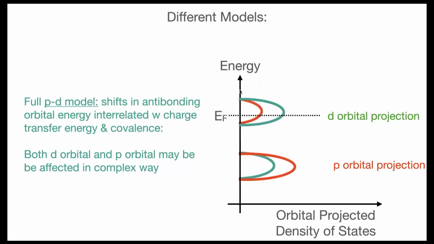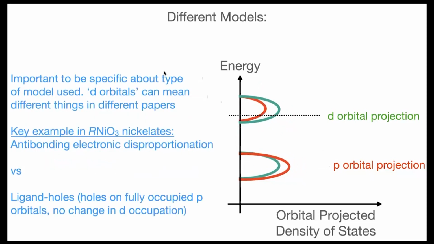Okay. So this is a representation of how you can have the same occupation in the d orbitals even as you shift the antibonding orbital along. You'll see different terms used, like ligand holes, for example, in this picture, as opposed to charge order.